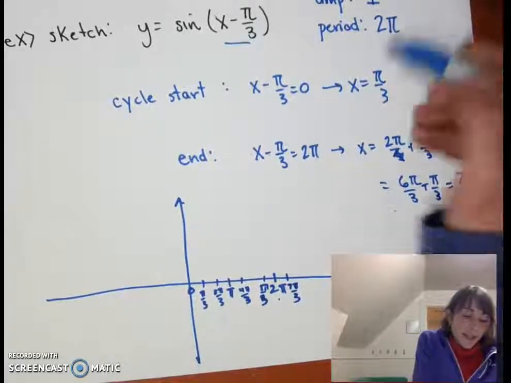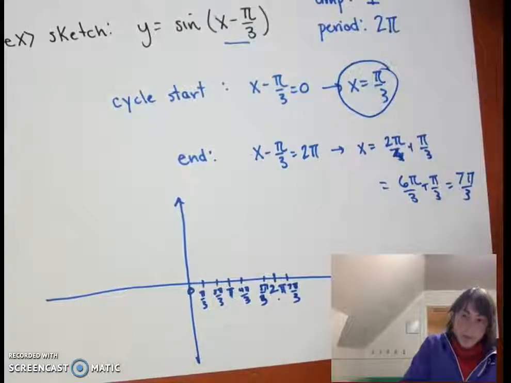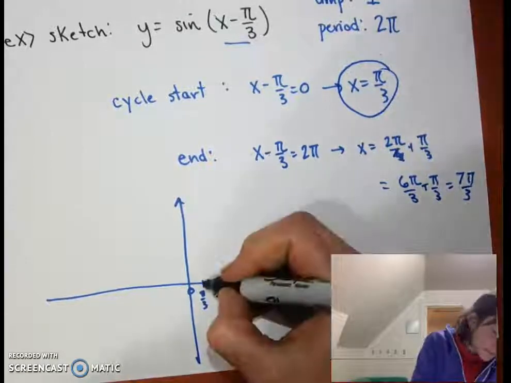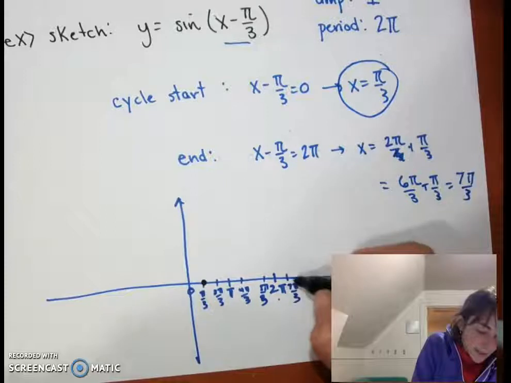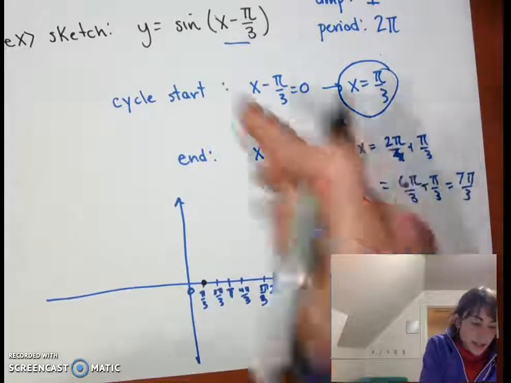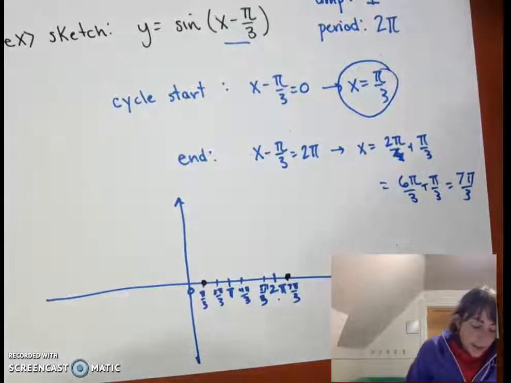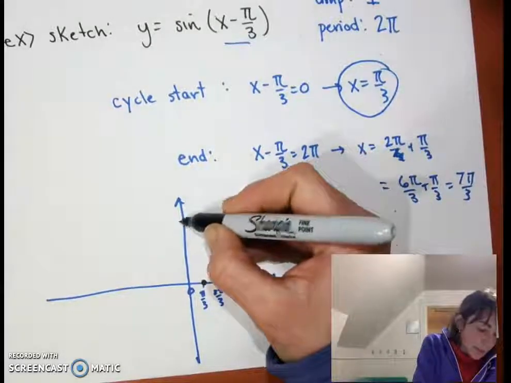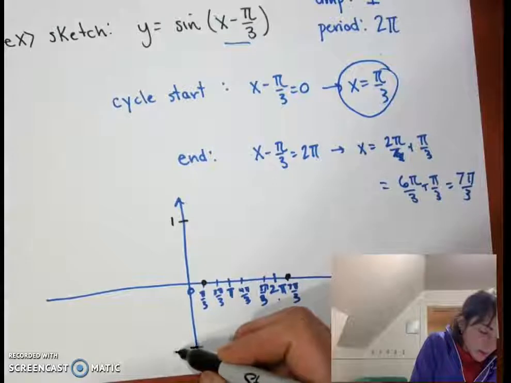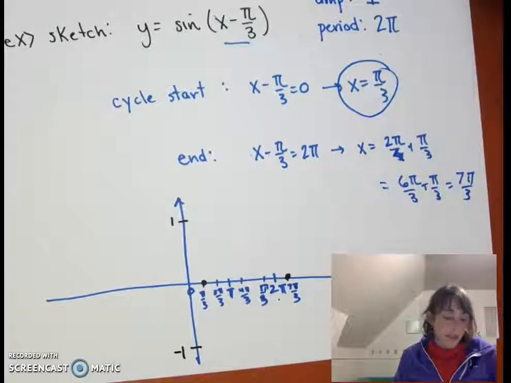So I know that my cycle starts at pi over 3, so I'll put a point there. My cycle ends at 7 pi over 3, and it's sine. So I know that I'm going to start out by going up. I know my amplitude is 1, so I go up to 1 and negative 1.